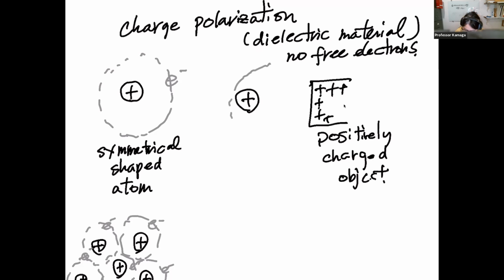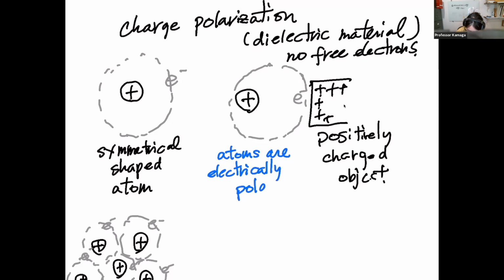So instead of initially having the nice spherical, symmetrical shape, now the electron cloud is going to be on one side. So it's no longer symmetrical. Now we say the atoms are electrically polarized.